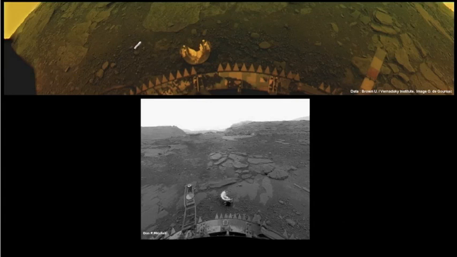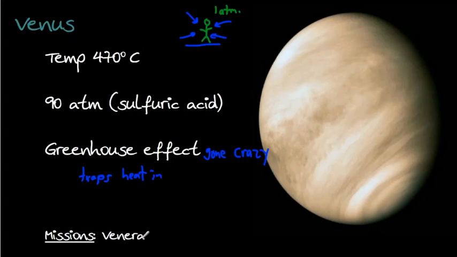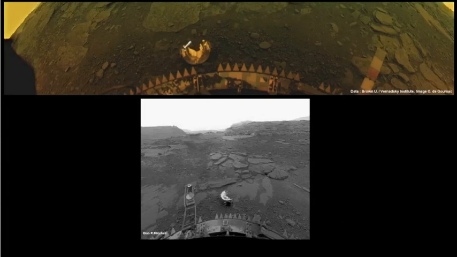This is taken from this Russian lander called Venera. There was a whole bunch of them that landed, but this is one of the pictures that one of them took. It's amazing. We actually have a picture of the ground on Venus. So what happened is this. This Russian lander landed. The problem is its camera was pointed a little bit too far down.